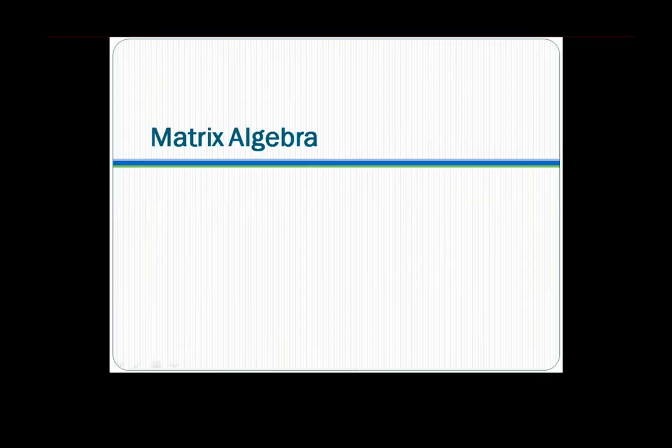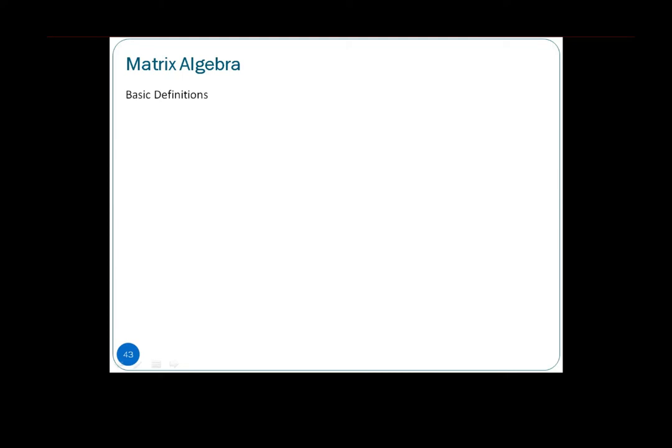Right, so matrix algebra. Just a recap of some of the definitions of matrix. We have the column matrix, when we have one column. So here is A. We can say A is a column matrix, in one column. Row matrix. So C, we can say it's a row matrix, in one row.